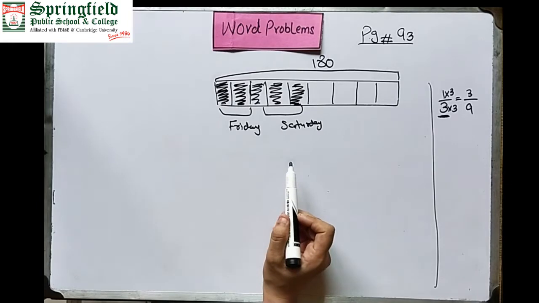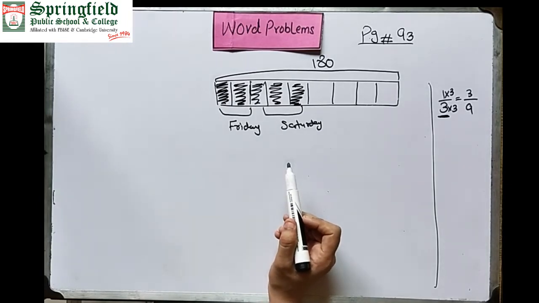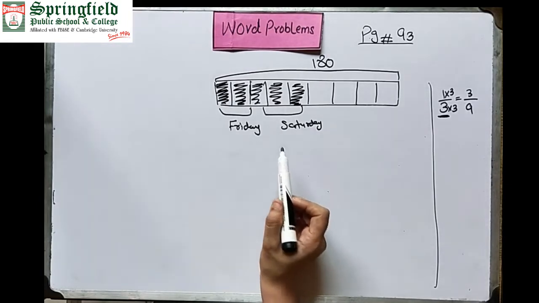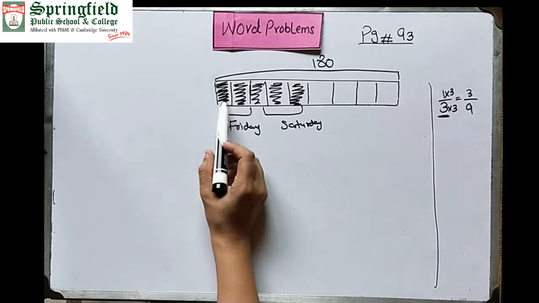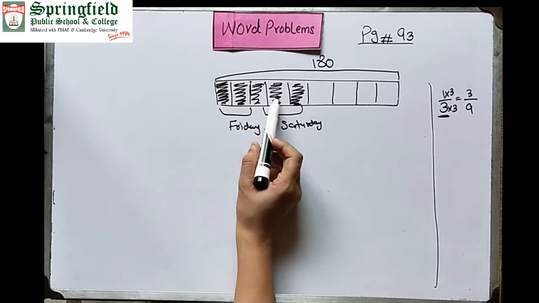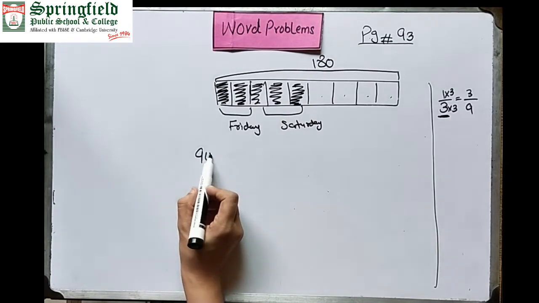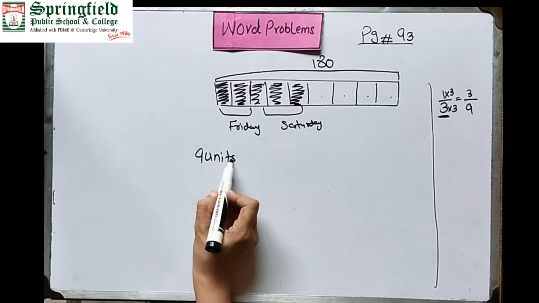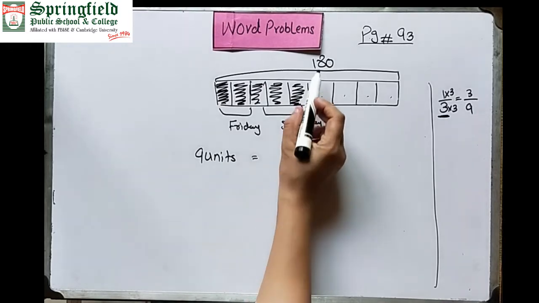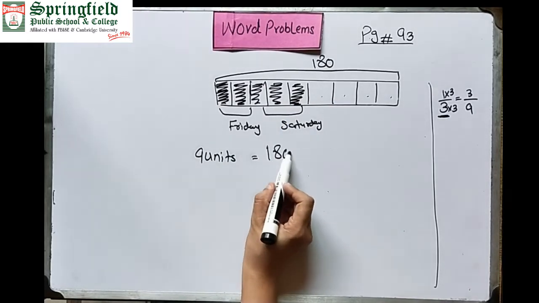Fine. And then how many pages did he read on both days? So how many units are here? 1, 2, 3, 4, 5, 6, 7, 8, 9. There are 9 units. And 9 units is equal to how many pages? 180 pages.